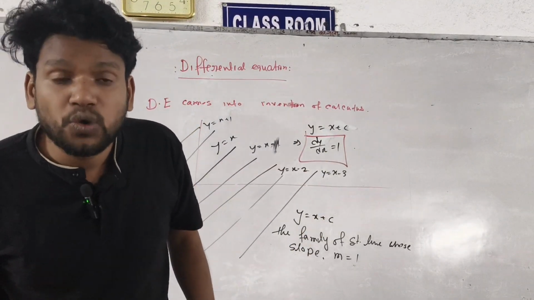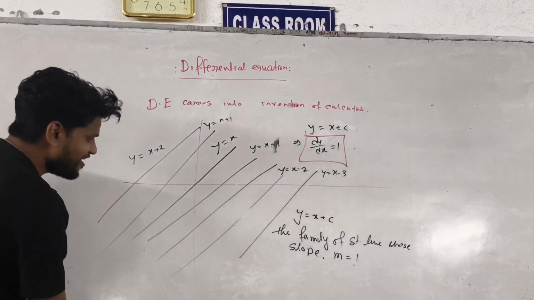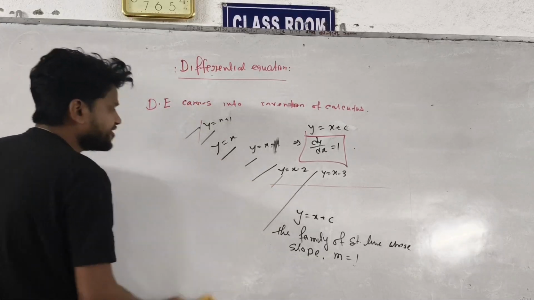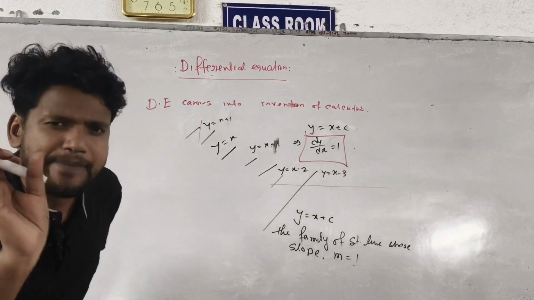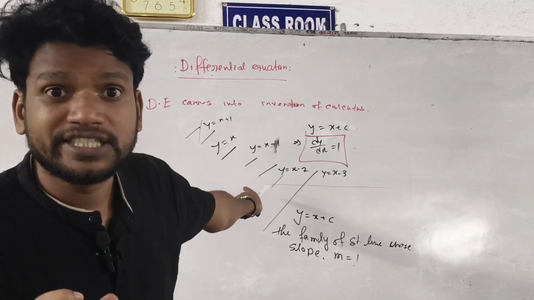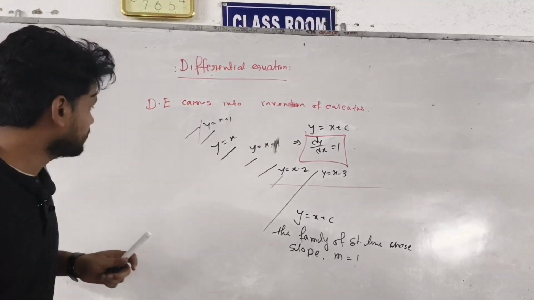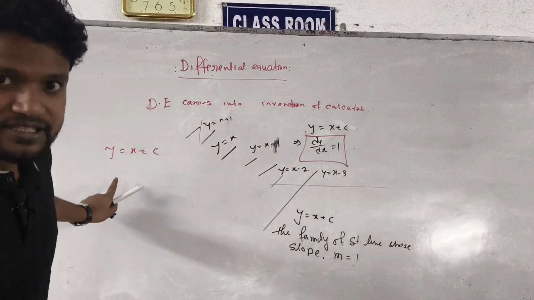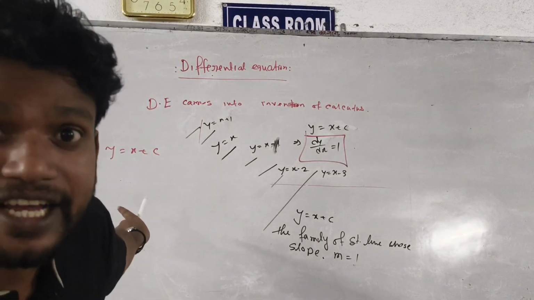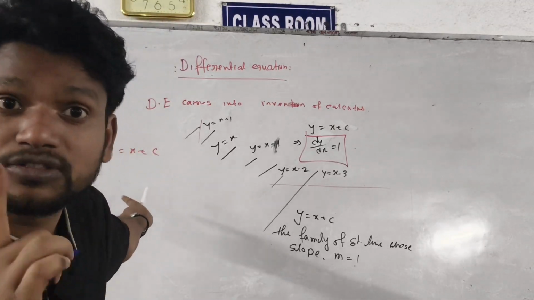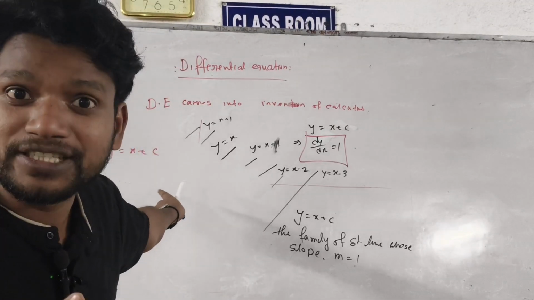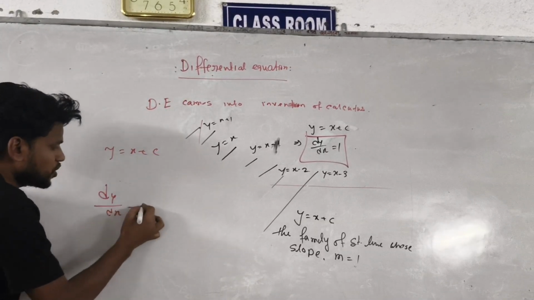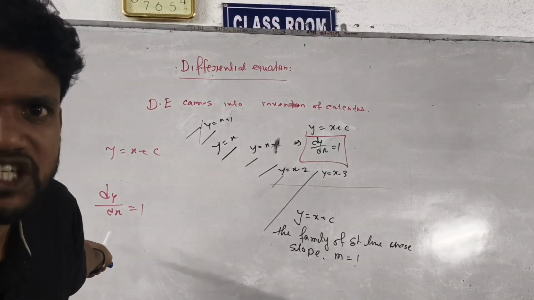This is actually a differential equation. Just focus on my teaching style. y equals x plus c is a family of straight lines whose slope is 1, and dy by dx equals 1 is another representation.